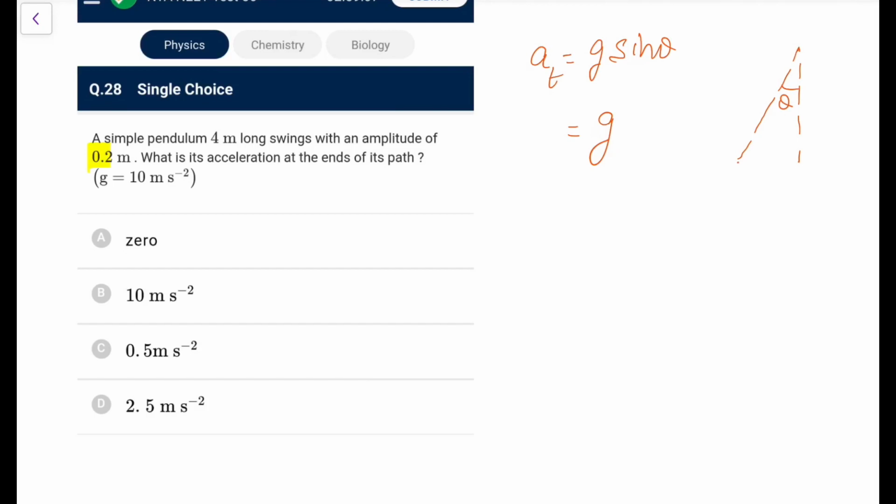Let's say I approximately take it to be 0.2, because the angle is very small. Sine theta is theta. You can write it to be 0.2 by 4. So 10 into 0.2 by 4. So it comes out as half. Yes, it comes out as half. That is 0.5 meter per second square.